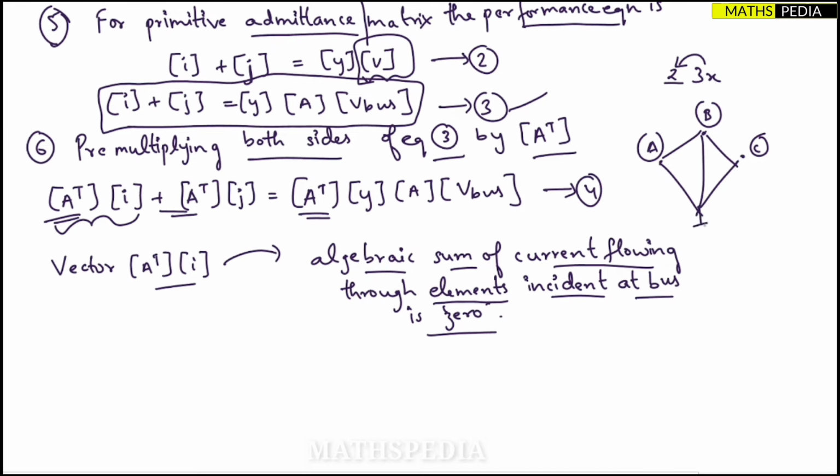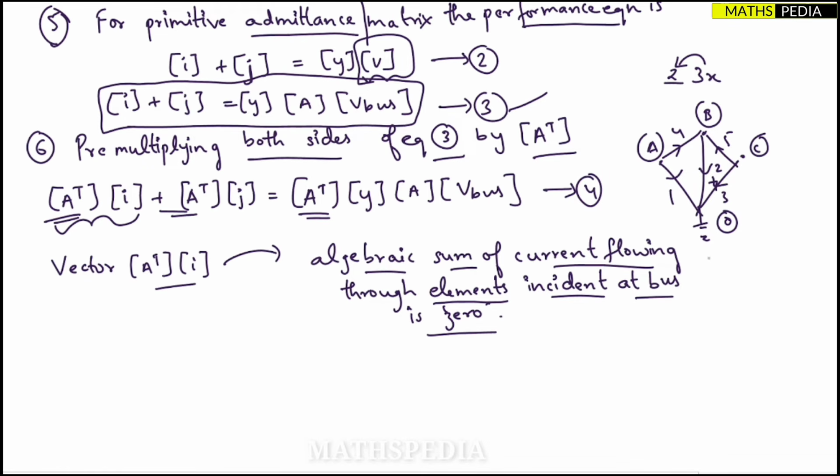Now here if I say the current flowing through this one, for example, we had taken here 4, 1, 2, 5, 3 and this is 0.